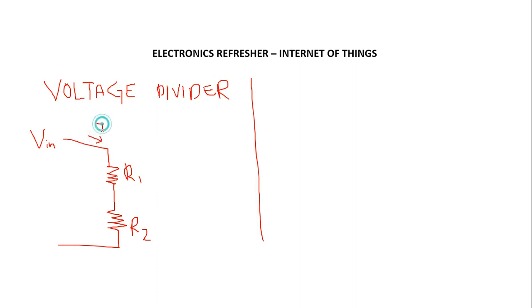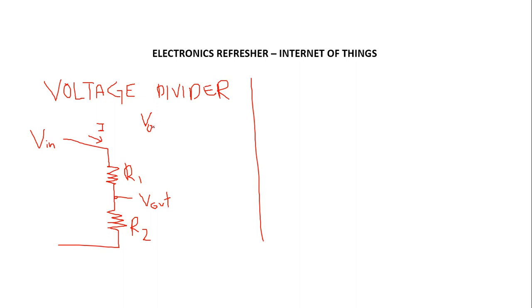Here we have our current, and the output is going to be located here because we are going to divide the voltage.